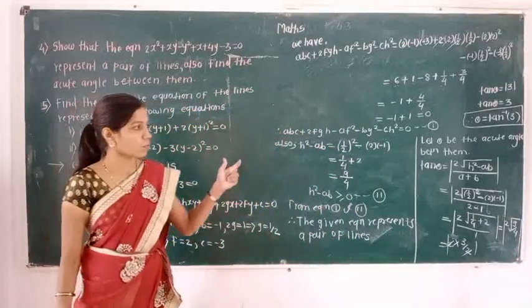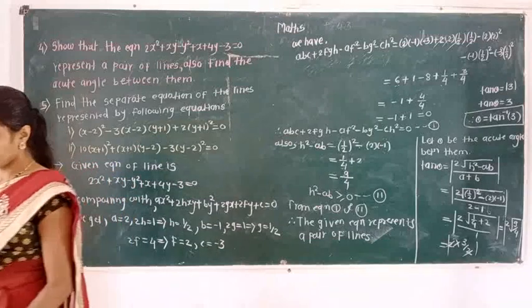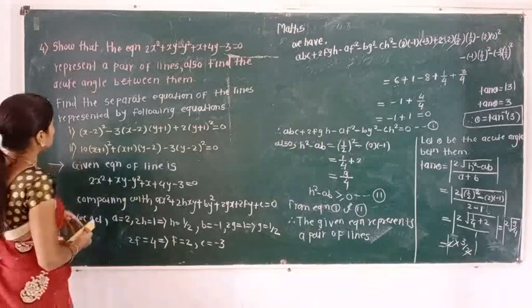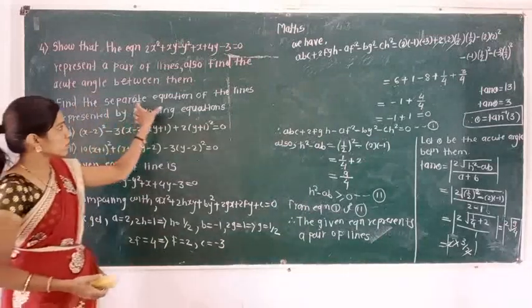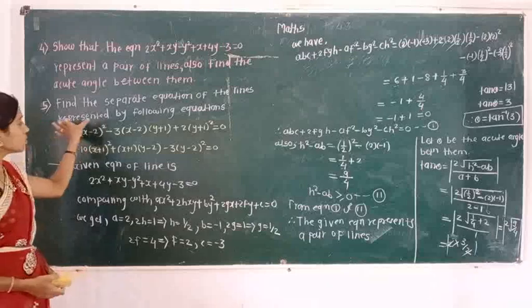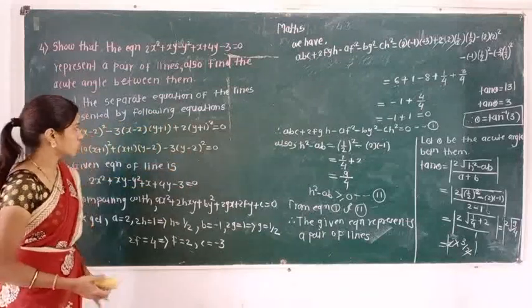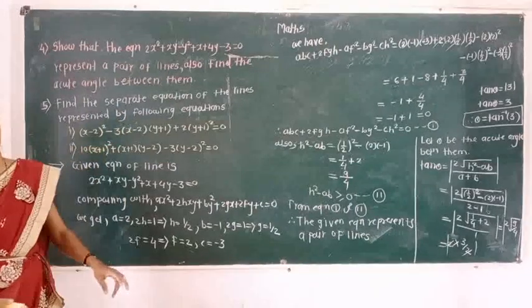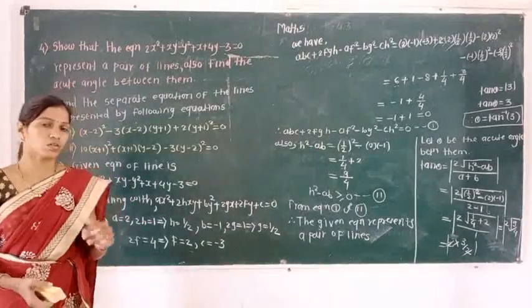Now first of all, write down this problem. Now see, the next question is: find the separate equation of the lines represented by the following equations. For finding the separate equation, we know there are two different methods.